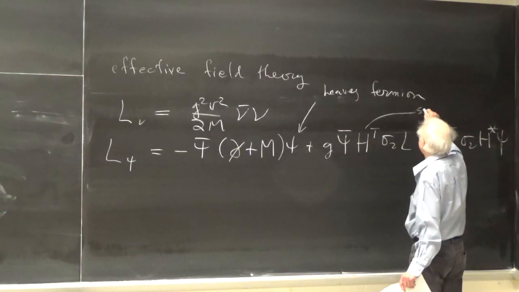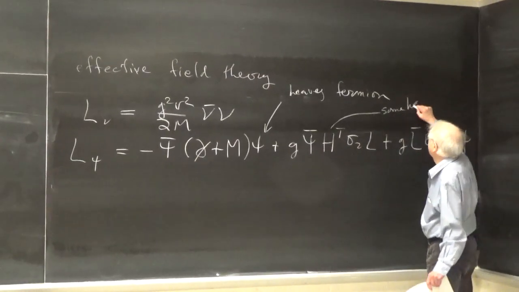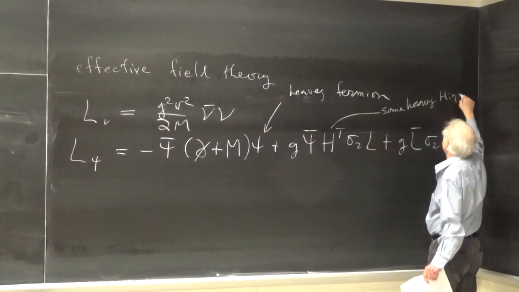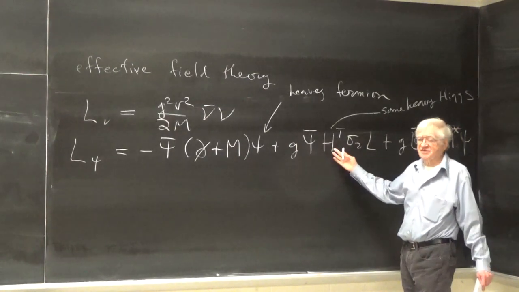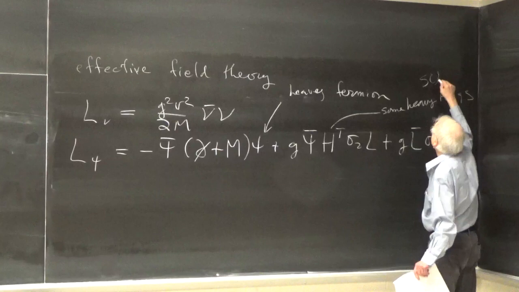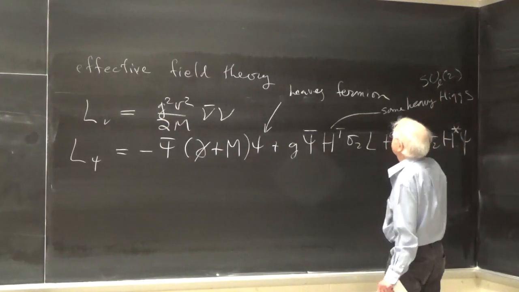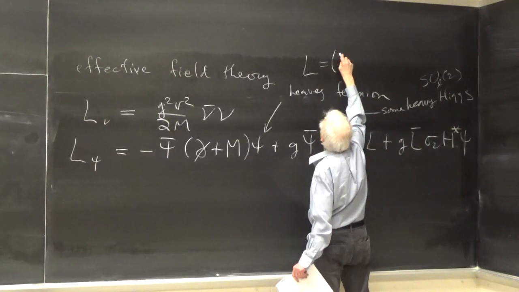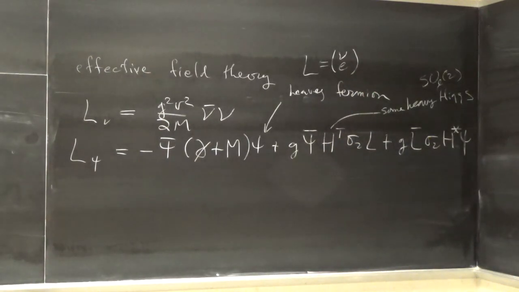H is some heavy Higgs, unrelated to the other, but it transforms under SU(2) left. And L is the usual doublet. And I'm just considering one family, the electron, so that's the electron neutrino.